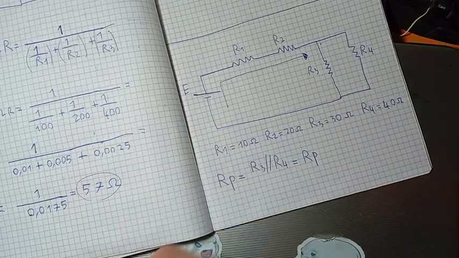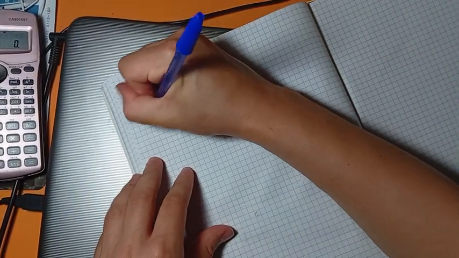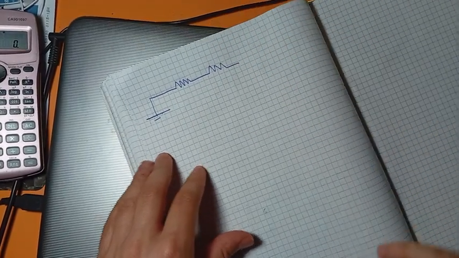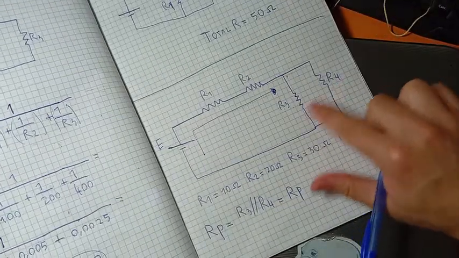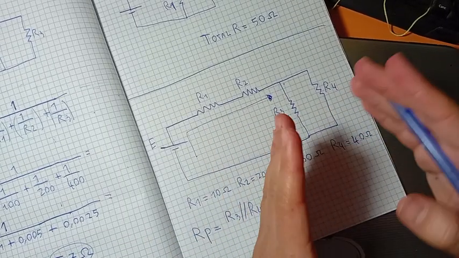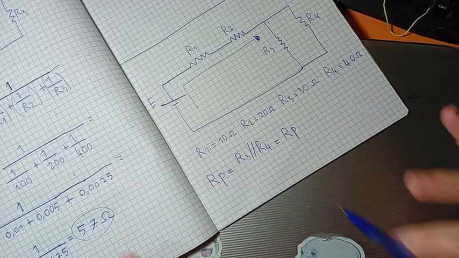And now I'll redraw my circuit in this way. This is the generator. This is R1, R2, and now in place of these two resistors configured in parallel, I'll put their equivalent, okay, their parallel equivalent.